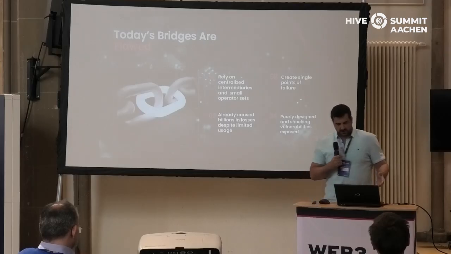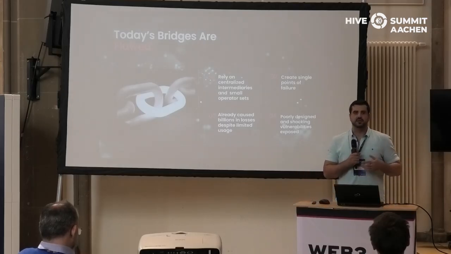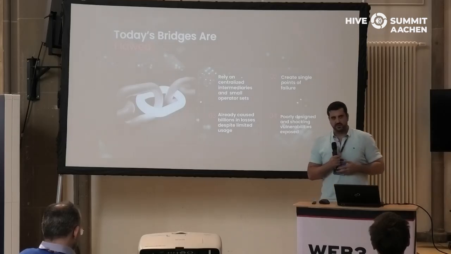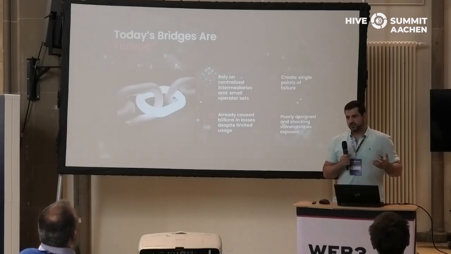Of course, there are some bridge solutions that exist, wrapping and so on. They also face another problem, and that's centralization, of course. They either are entirely and completely centralized. We're talking about 60, 70, 80% even of these bridge solutions are entirely centralized or have small operator sets.